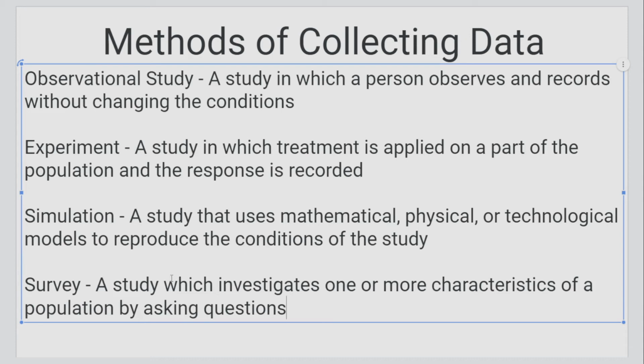Number two, a study of how high school students solve a logic puzzle. And so this might be a survey, right? I might ask, hey, how would you solve this logic puzzle? And they would answer my question. It can also be an experiment where I give different logic puzzles and see how different people solve them.